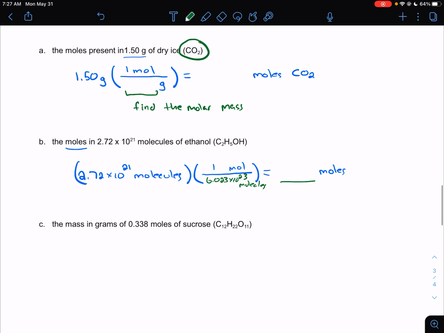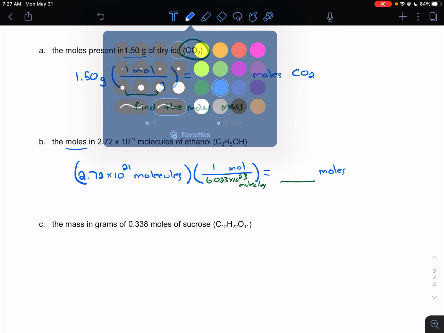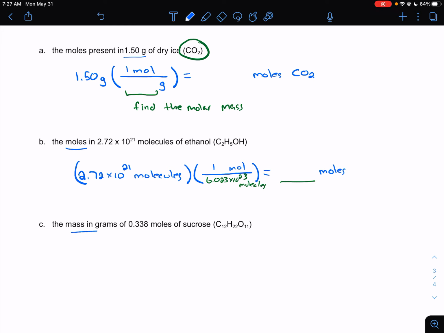And then in the bottom problem, we're asked what is the mass in grams if we start with 0.338 moles. So we need to start with that 0.338 moles. And we want to go to grams.